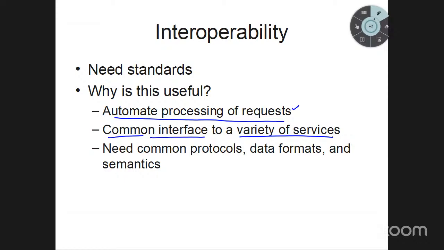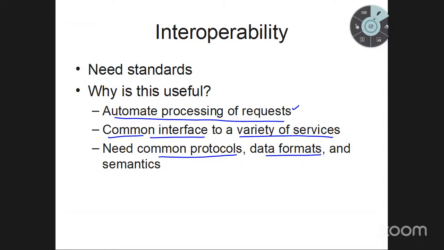Next, we need common protocols, that is rules and regulations. We also need common data formats.